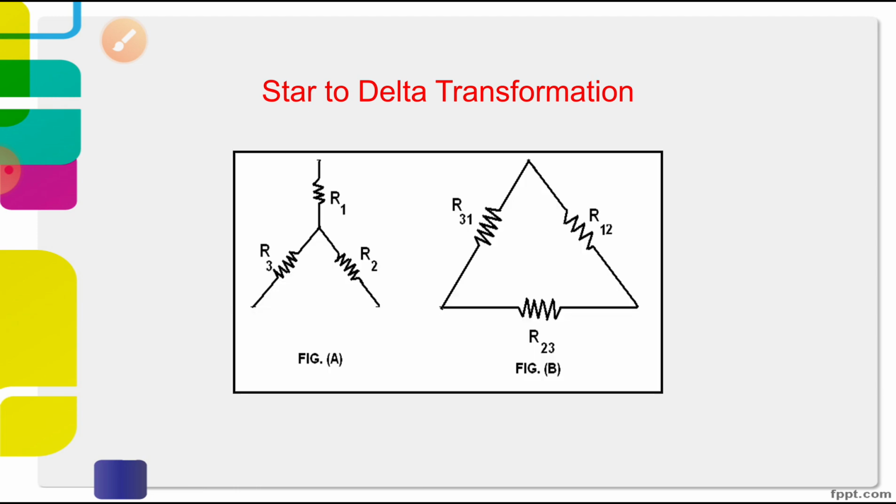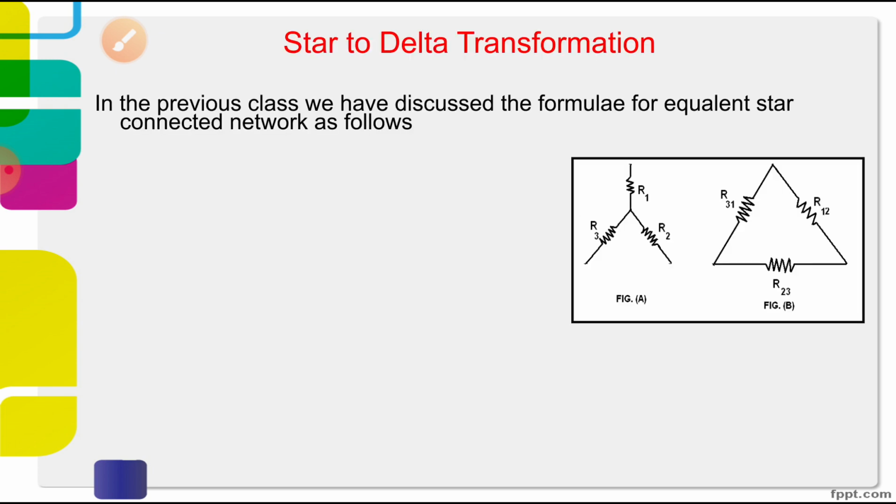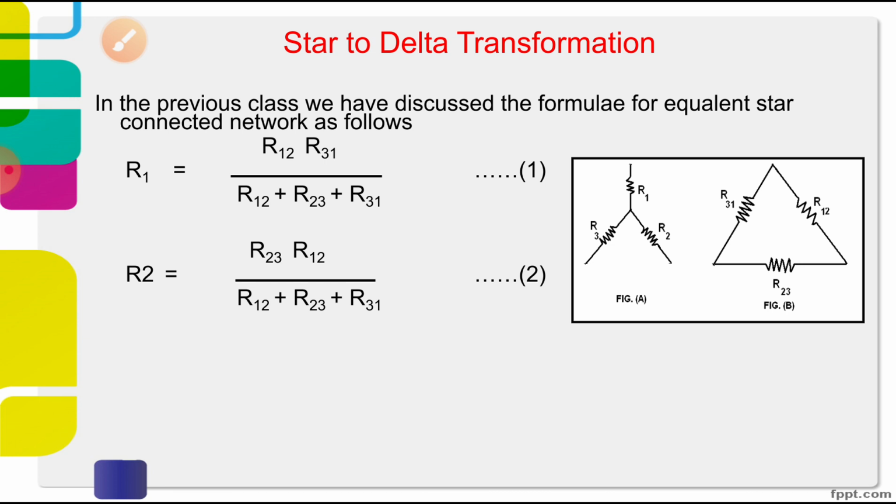So here what will happen? Star is given and we do the delta transformation. In the previous class we have seen how the delta values are given and converted into the star by simply writing the equations. Now what have we got? R1 is equal to this value, R2 is equal to this value, R3 is equal to this value, we know, we have just seen.